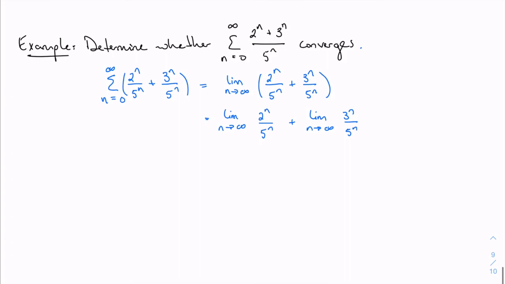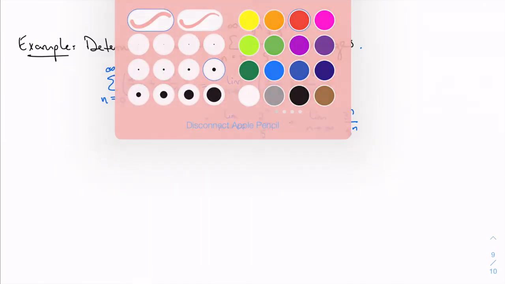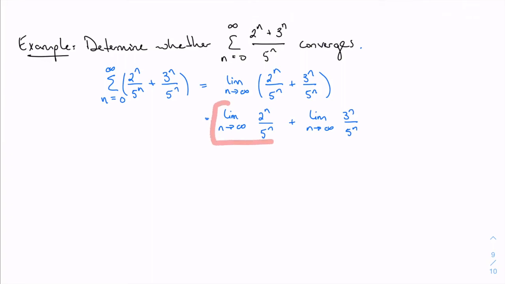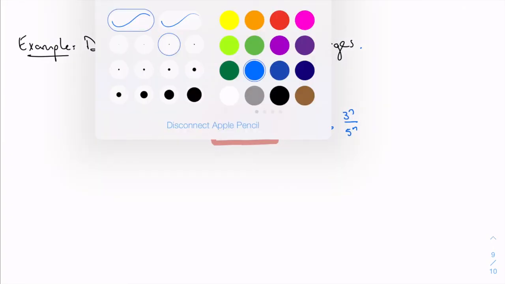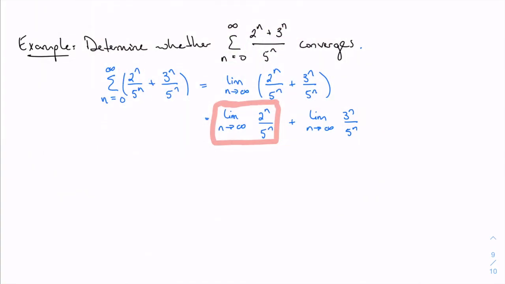So for my first limit, I'm going to break this up and look at this in separate pieces to start. The first thing I can do to manipulate this is to say that this is just 2/5 to the n, which is a geometric series, right?